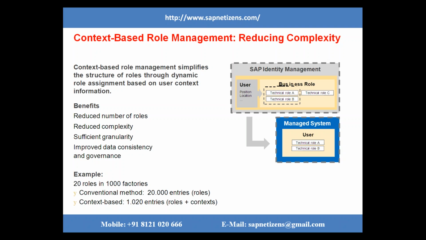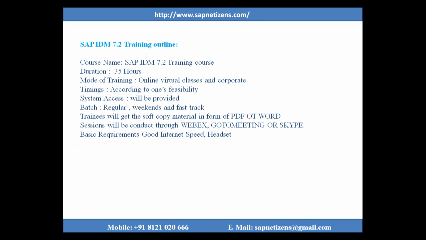Context-based role management implies the structure of roles through dynamic role assignment based on user context information. The benefits are reducing the number of roles, reducing complexity, sufficient granularity, and improved data consistency and governance. An example is 20 roles with 1000 factors, where the conventional method needs 20 entry roles and the context-based method needs 1,020 entries, plus role plus context.